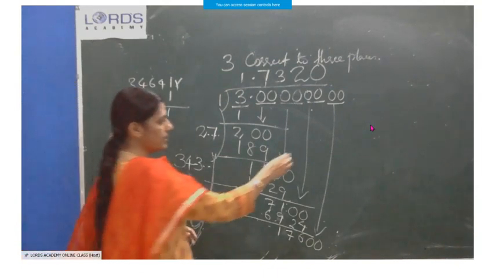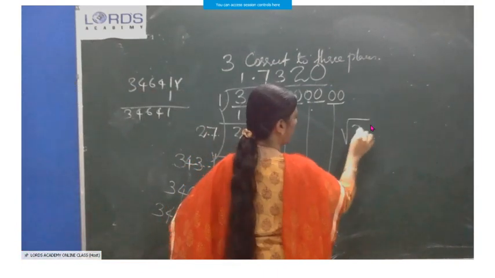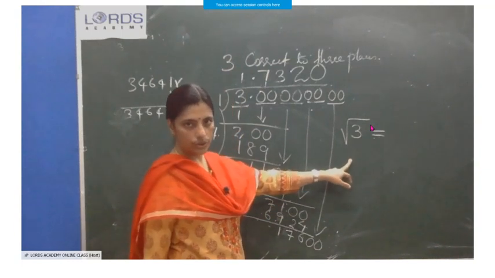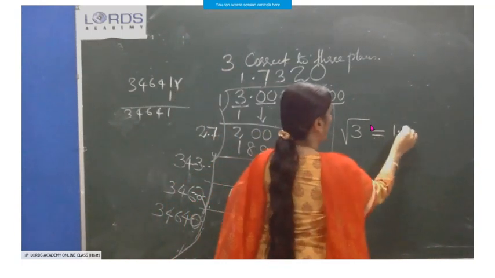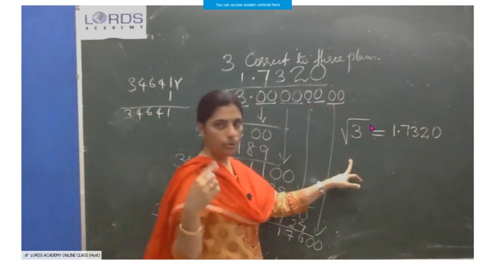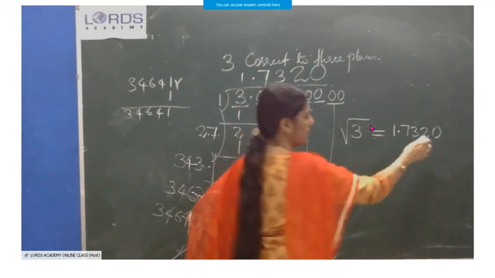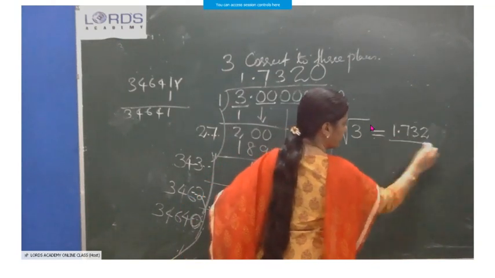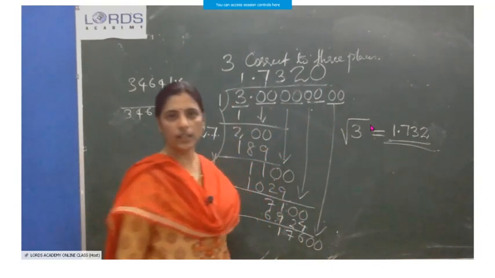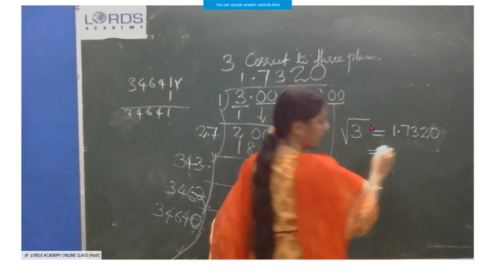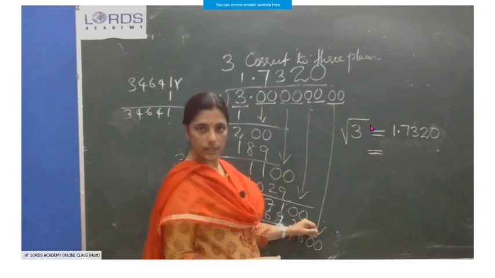So the answer is, last you have to write the conclusion: root of 3 equals 1.7320. But they told to correct to 3 places, so what's the 4th place? It is 0, so simply you remove it. You are getting 1.7320, then you write the answer for 3 places only.